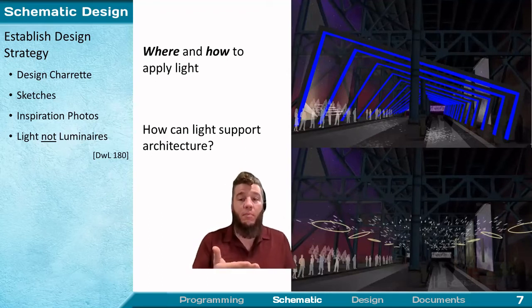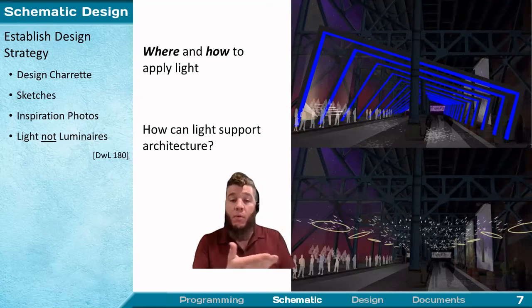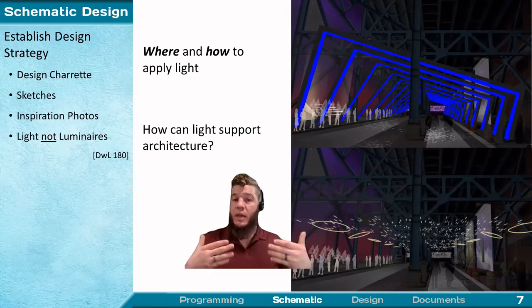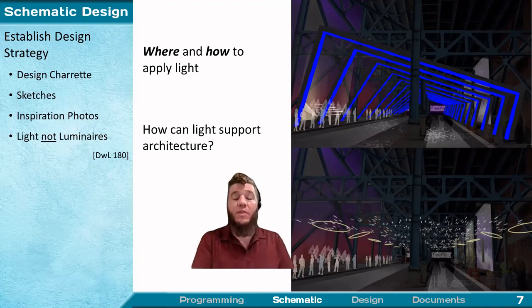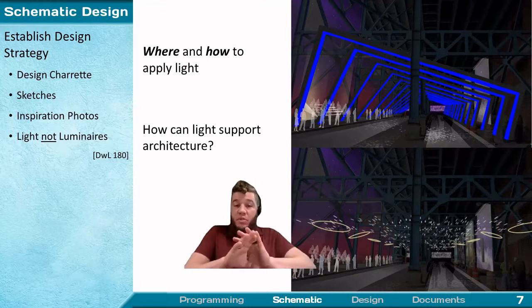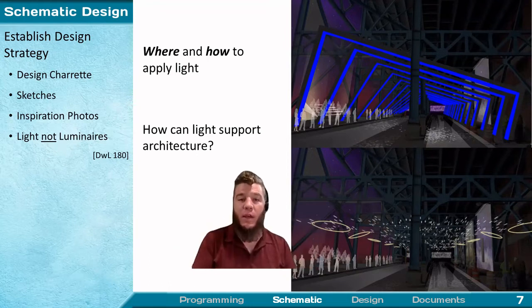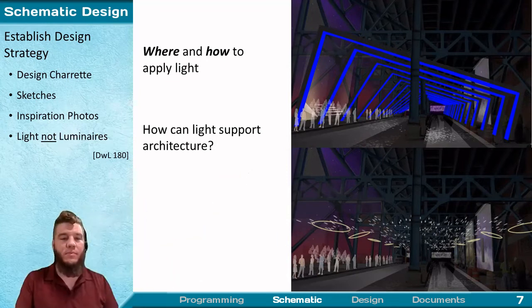Contrast and texture are important here. Highlighting important architectural features like a granite feature wall is importantly done with grazing so you can add some shadow and depth to that texture instead of just washing it out with a floodlight.